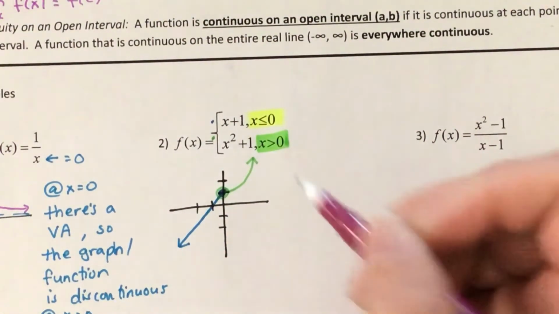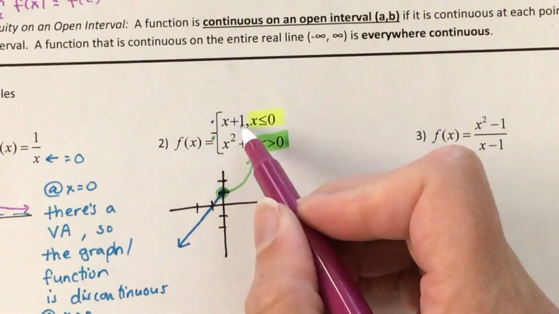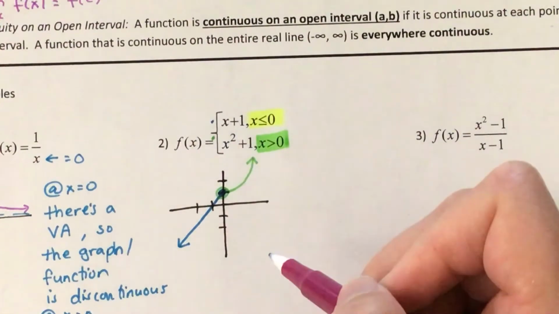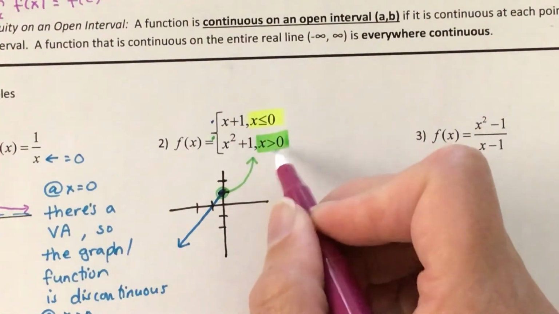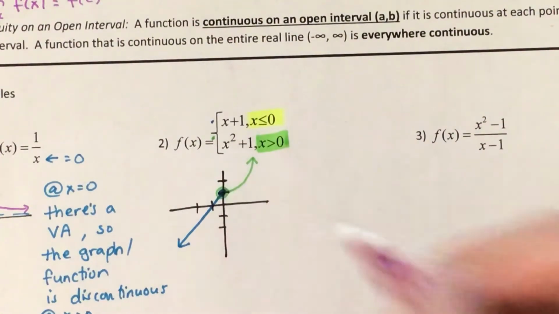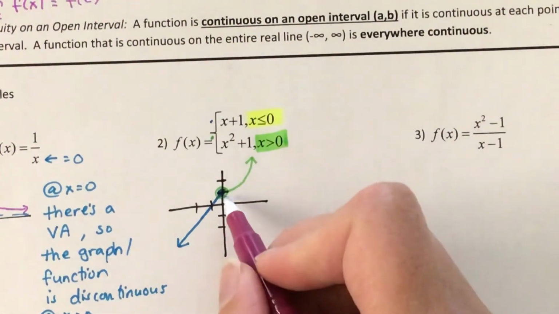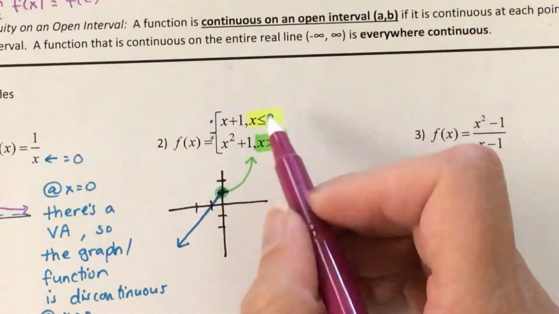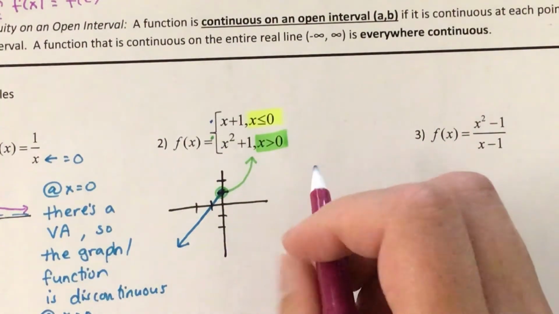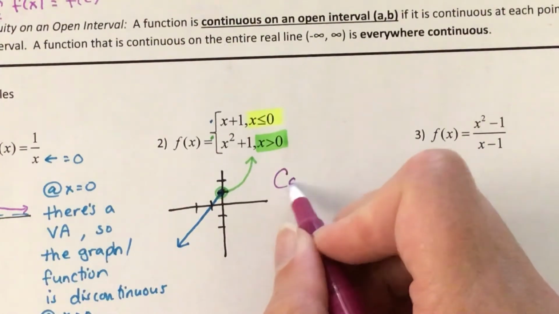You could tell it by taking the limit as x approaches 0 from the left of x plus 1 and the limit as x approaches 0 from the right of x squared plus 1, and you would see that you would get 1 both times. So really you're just plugging in 0 into both of these guys and you get 1. So this function is continuous everywhere.